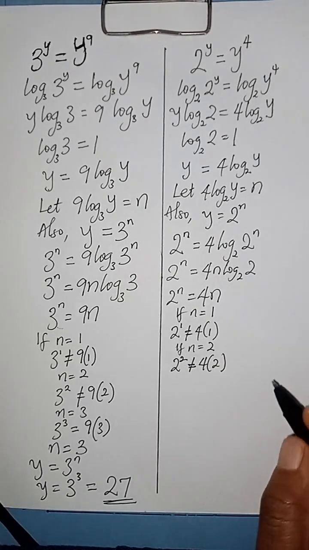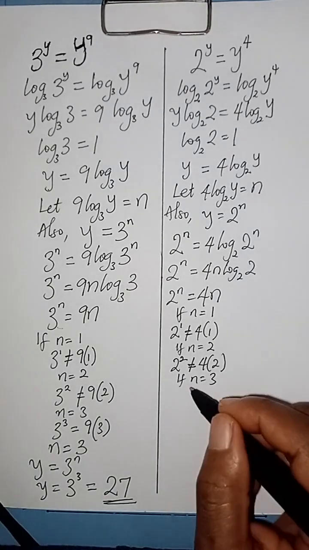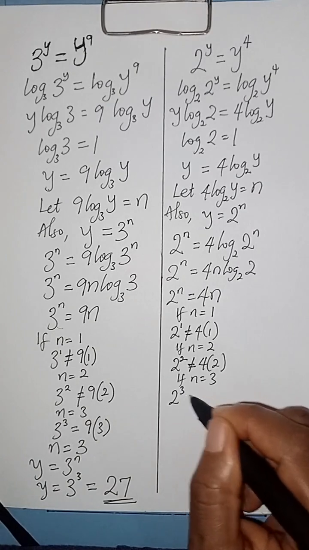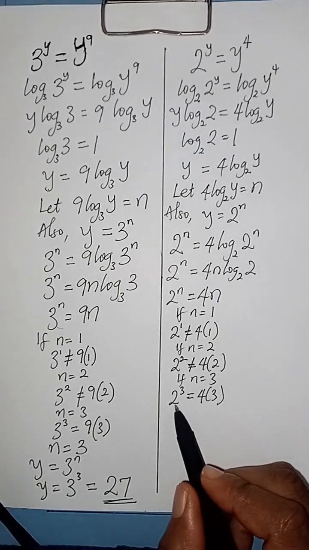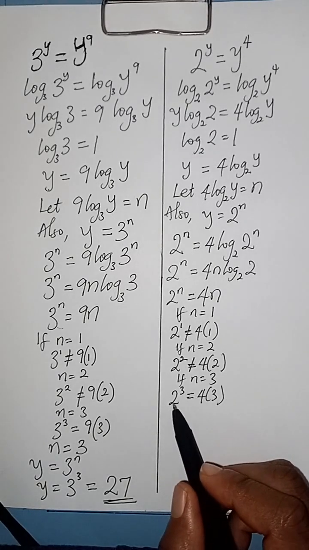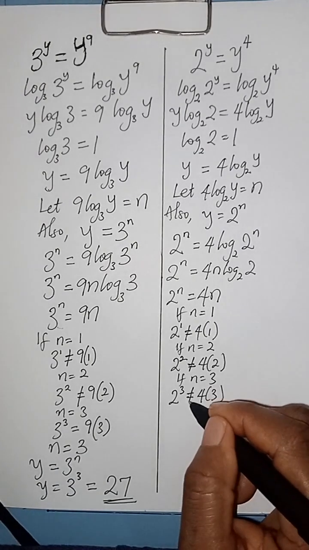So they are not equal. If n is equal to 3, this will leave us with 2 raised to power 3 equals 4 multiplied by 3. At the left-hand side of the equation, 2 raised to power 3 is 2 times 2 times 2, 3 times, which is 8. But here, it's 12. Again, it's not equal.